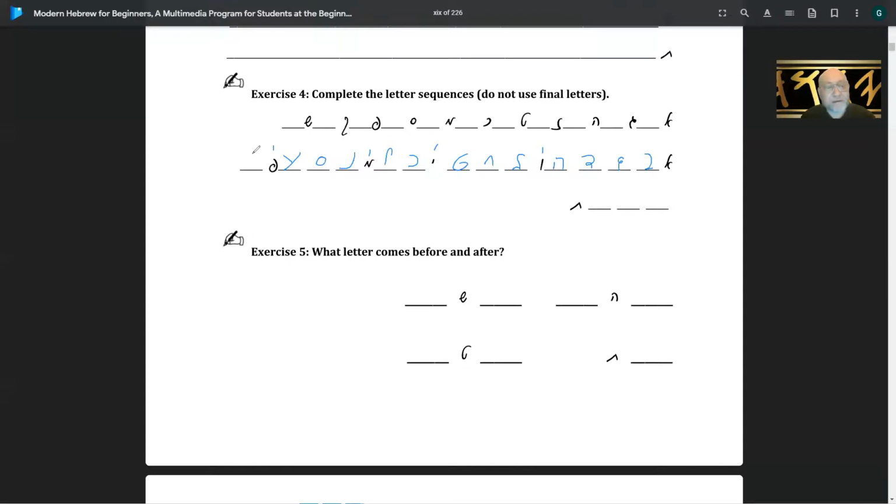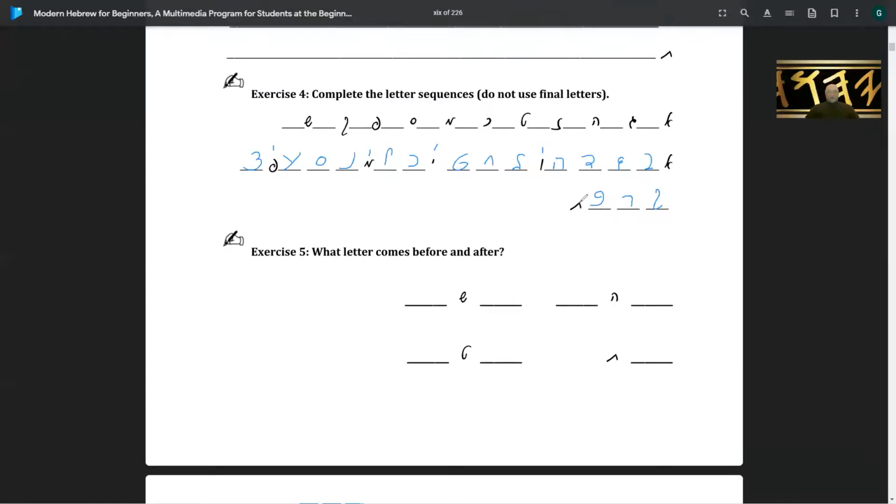Remember that Zadik looks almost like a 3. Zadik. And then, now remember that almost looks like that other snake going to the left. Zadik. Okay, here is Kov. Kov. Okay, and then we have Resh and Sheen and Tav.